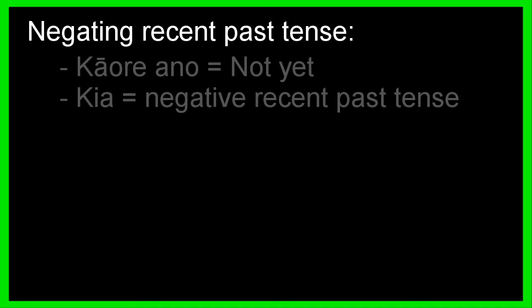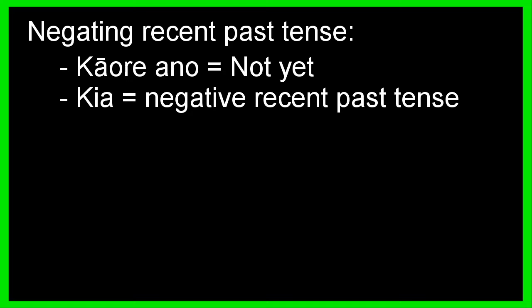Negating recent past tense, we learned the negative words to use are kaore anō, which means not yet. For an active sentence, the tense word is kua.